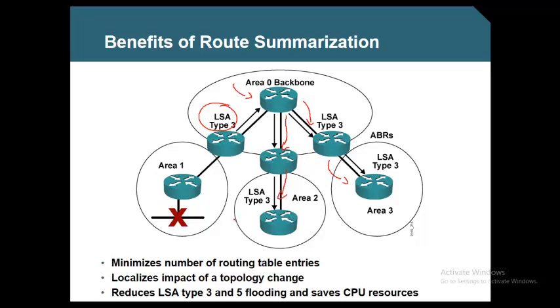Next, localize the impact of topology change, meaning what? If there is any link failure in an area, the failure will impact only the members of that area. It won't go to other areas. Localize the impact of topology change. Why won't it go to other areas? Because we have done summarization.